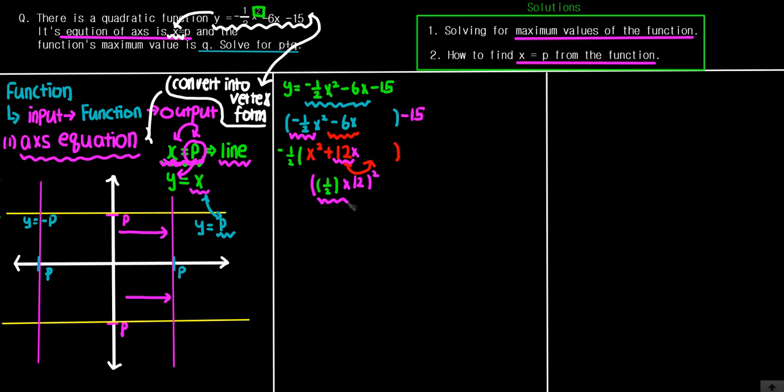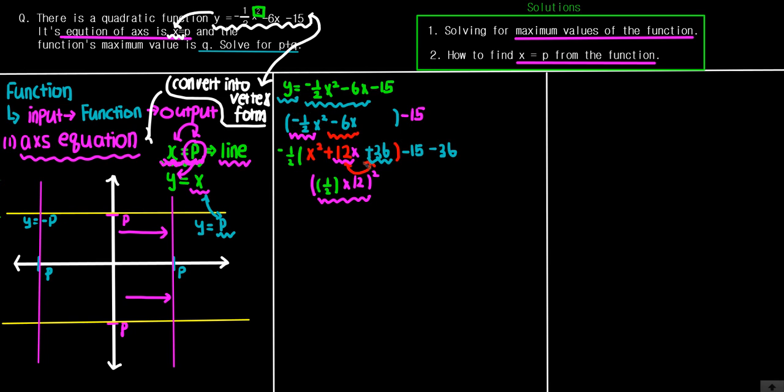So 1 over 2 times 12 is 6, and the square will turn into positive 36. And we still have negative 15. But since we added 36 here, we need to subtract 36 here to keep the function equal, because if you just add 36, it will affect our original function.